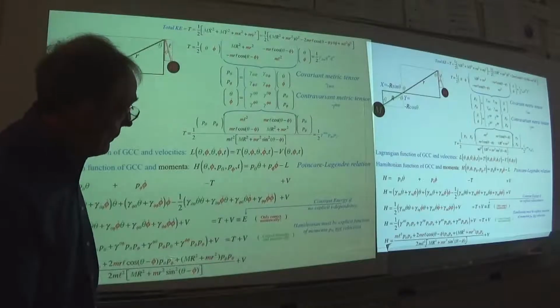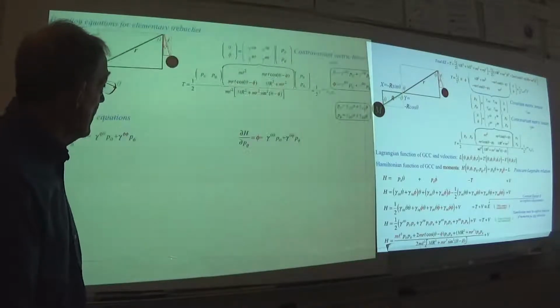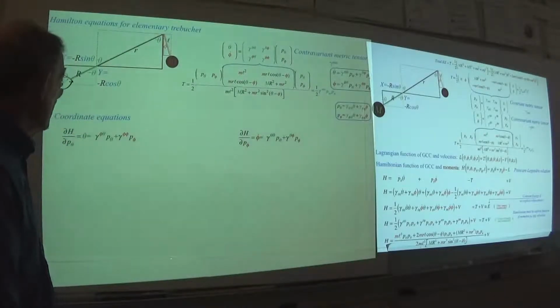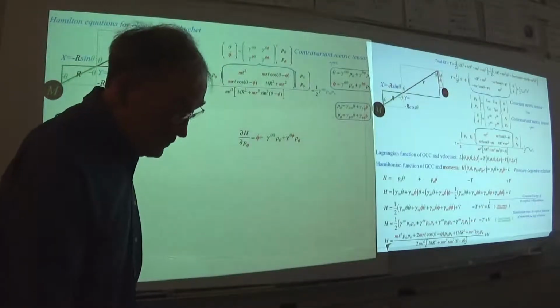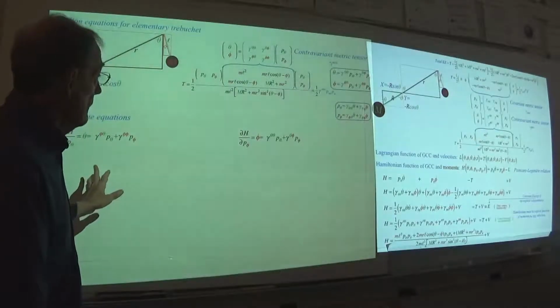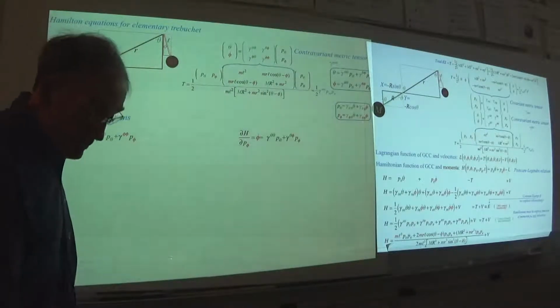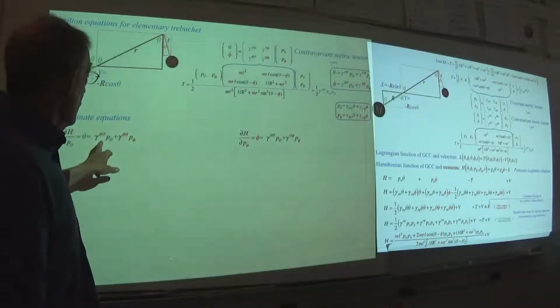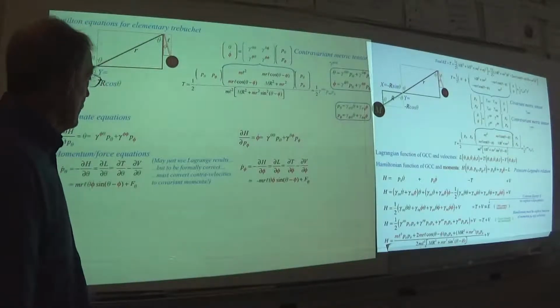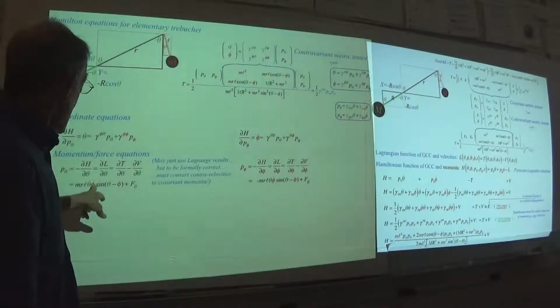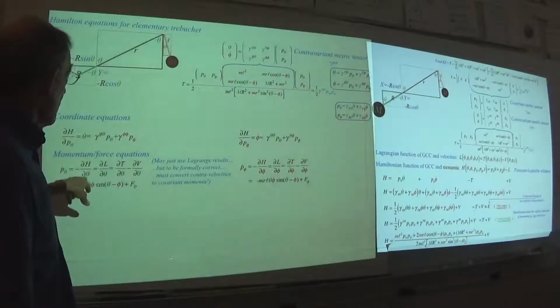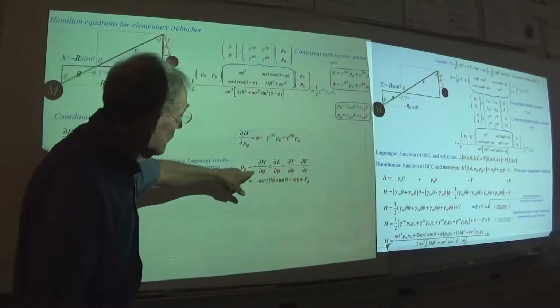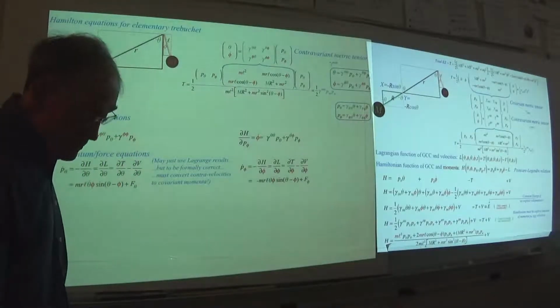Okay, let's see if there's anything else in this. Okay, the logjam. Okay, start making the equations for this. I'll go ahead and leave that one alone for a while. Making equations for this doesn't seem to be too difficult at first. I just have to use contravariant expressions for those, and the derivatives with respect to coordinates, either theta or phi, come out pretty nicely.